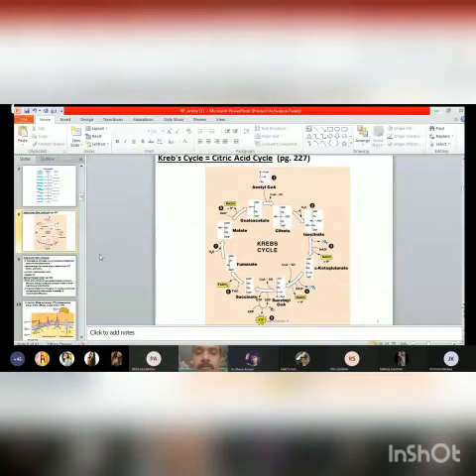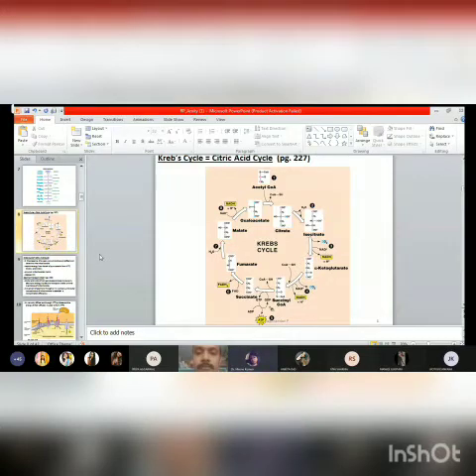Then we generate one NADH in the step where we convert glyceraldehyde 3-phosphate to 1,3-bisphosphoglycerate. In that glyceraldehyde 3-phosphate dehydrogenase step, we generate one NADH. This NADH has to be oxidized back to NAD plus if the glycolysis has to continue.